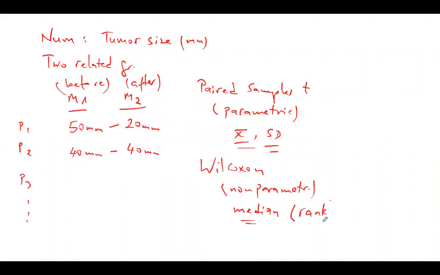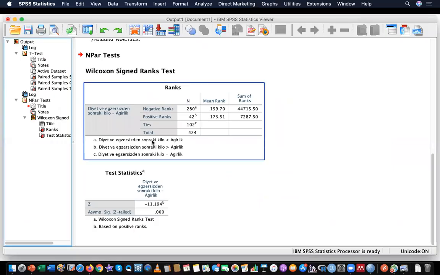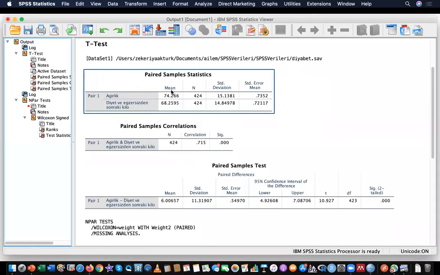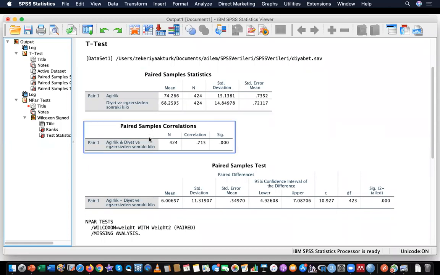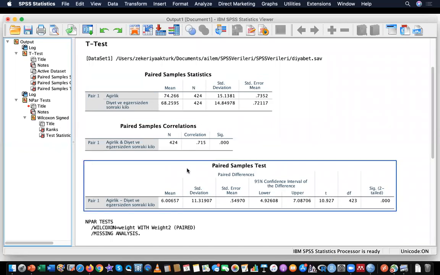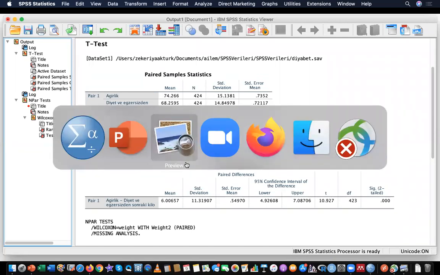If you remember this, that will be enough for me. If you conduct the non-parametric tests, you will have the ranks. But if you conduct the parametric tests, the computer output or your report will include the mean and standard deviations.